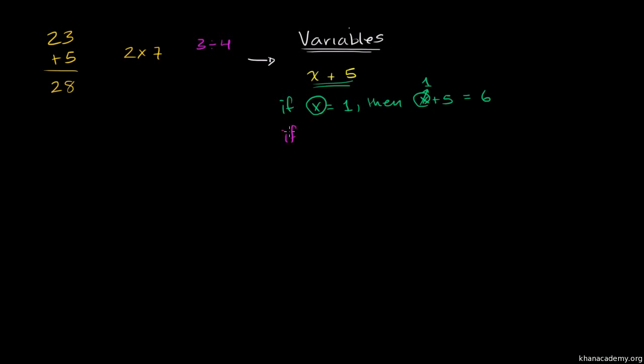If x is equal to, I don't know, negative 7, then x plus 5 is going to be negative 7 plus 5, which is negative 2. So notice, x here is the variable, and its value can change depending on the context.